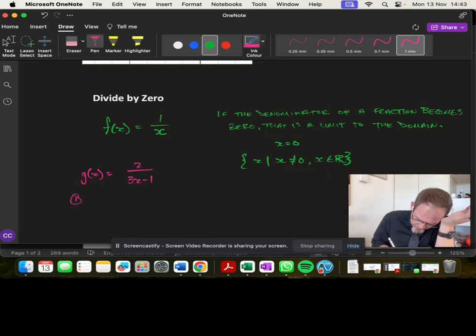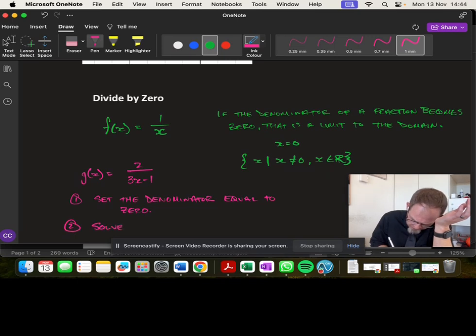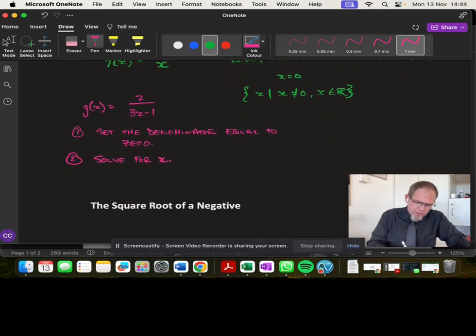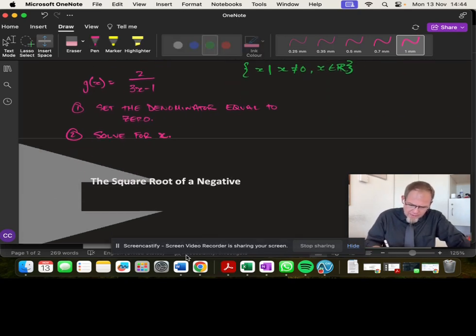We are going to set the denominator equal to 0, and then we're going to solve for x. We set it equal to 0, then we isolate x, and that will be the limit, the thing that we cannot have.